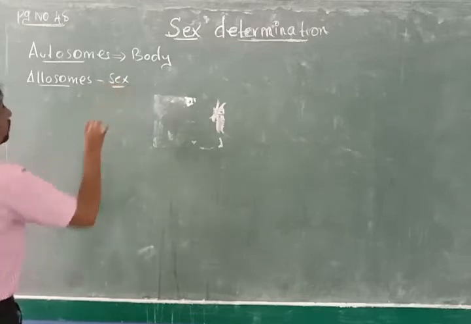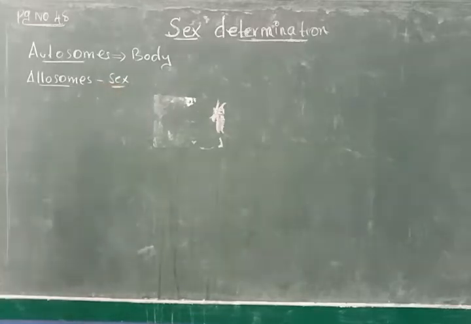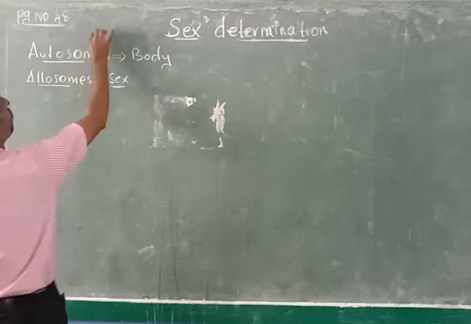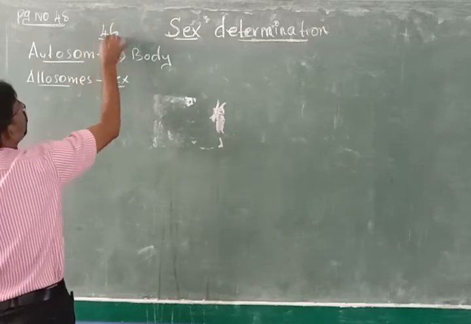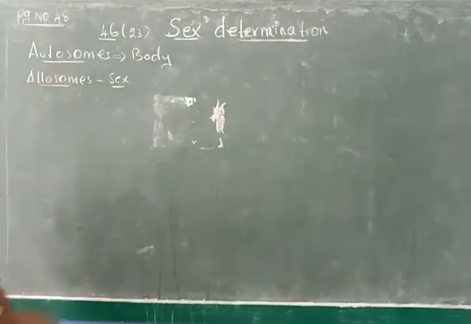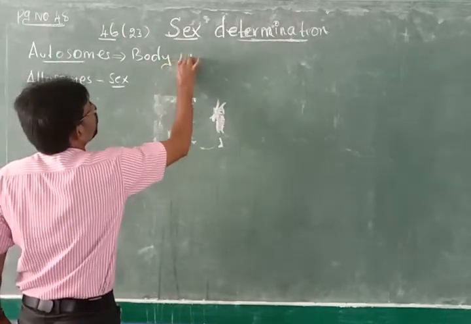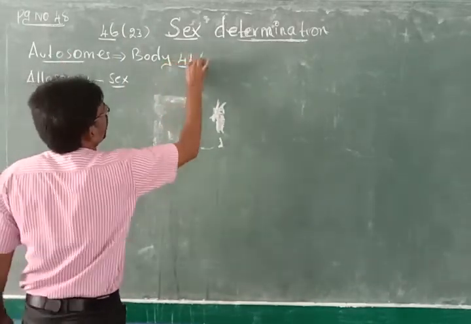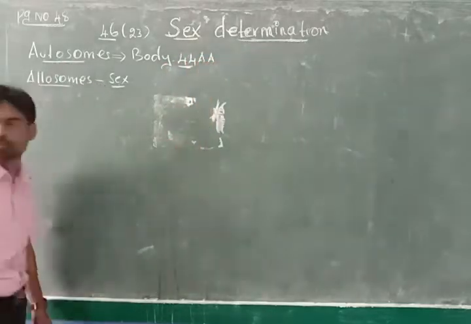of the individual. So when you talk about chromosomes, there are two sets of chromosomes. One is the autosome and another one is the allosomes. So out of 46 chromosomes, that is in 23 pairs, 44 chromosomes are your body chromosomes, otherwise called autosomes.